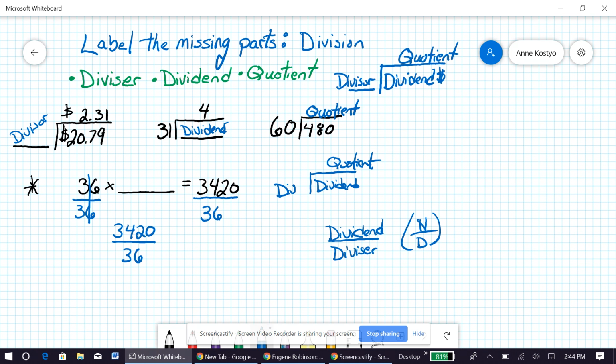So now I have my dividend over my divisor. But when I do the division, or I simplify or reduce this fraction, I will get the quotient.